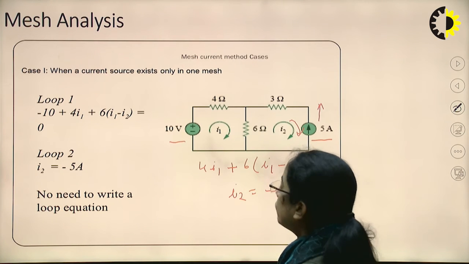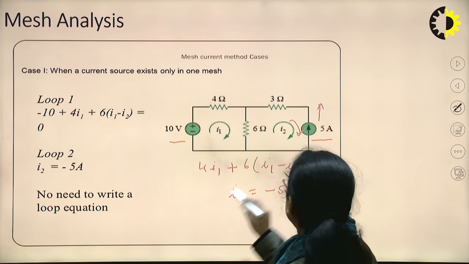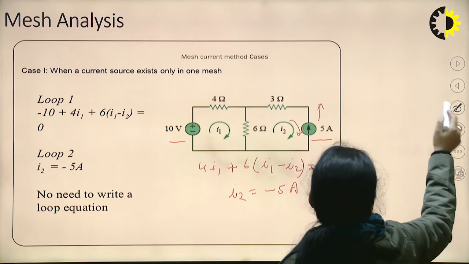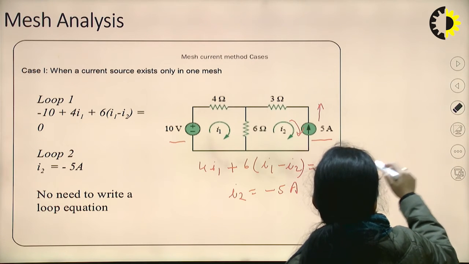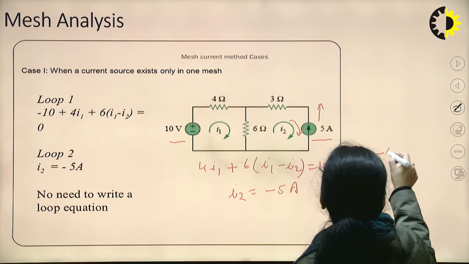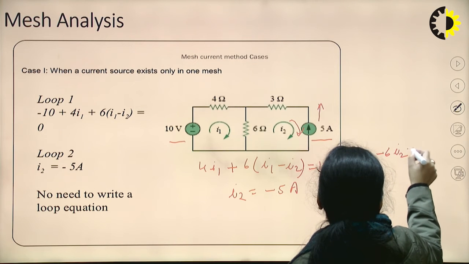Now if we put the value here, what is this equation? 10 I1 minus 6 I2 equal to 10.